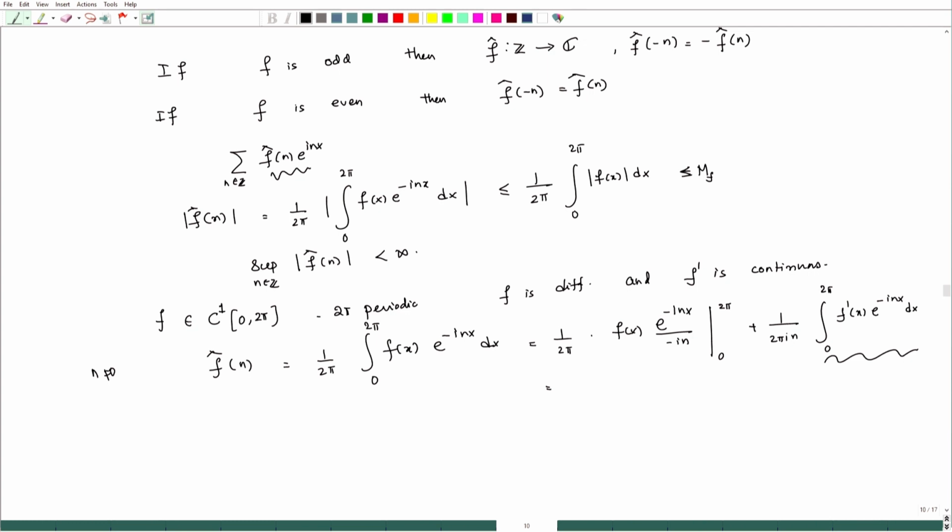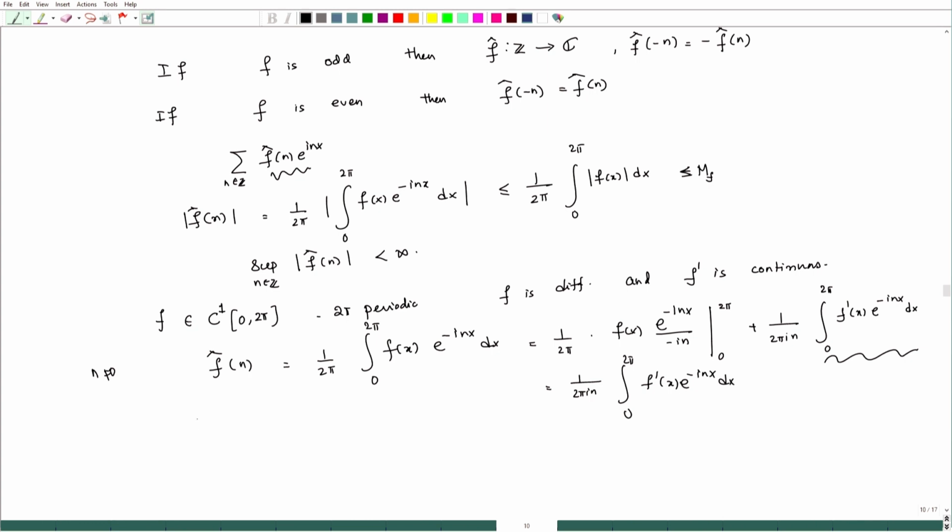Therefore, the first quantity will vanish. So, we have got 1 by 2 pi I n and the integral 0 to 2 pi of f prime of x e to the power minus I n x dx.